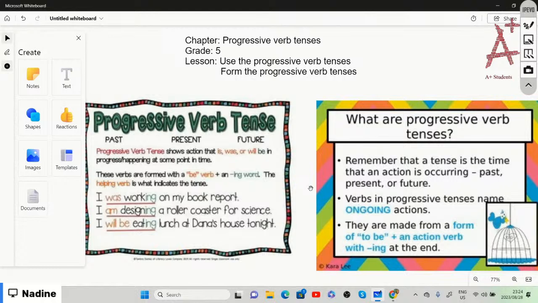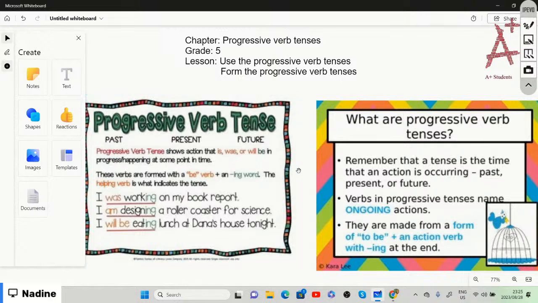And then we also say that progressive verb tenses do show the time the action is occurring, whether it is in the past, in the present, or in the future. Progressive verb tenses show action that is, which is in the present, was, which is in the past, or will be, which is in the future. In the progressive, it is happening at the same point in time.